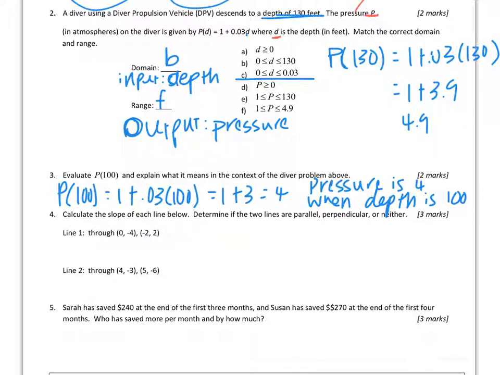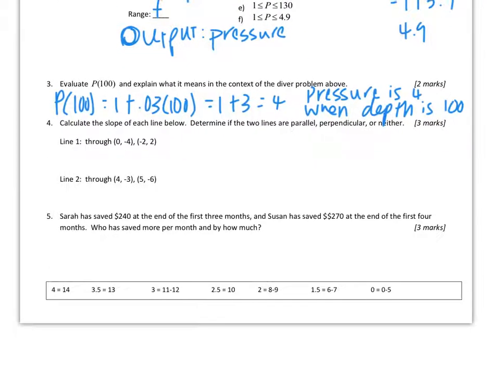All right, number 4, calculate the slope of each line below. Determine if the lines are parallel, perpendicular, or neither. So y is on top, y2 minus y1, over x2 minus x1.